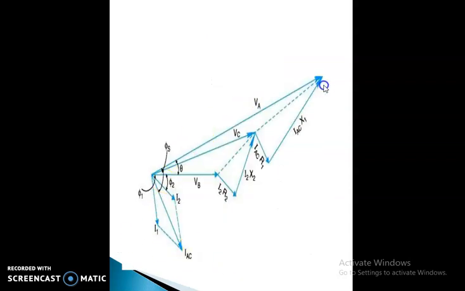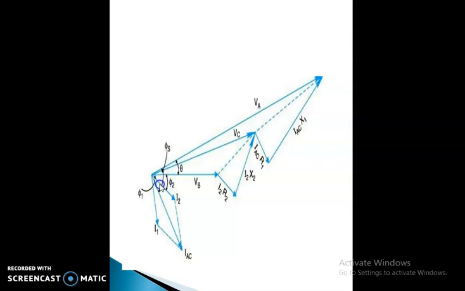So this is the vector representation of this load. This one is the VB voltage and the current is I2, and here the drop is I2R2, here the drop is I2X2, and this one is the VC line, and this is ISC times R1 and ISC times X1, and this one is the VA voltage.